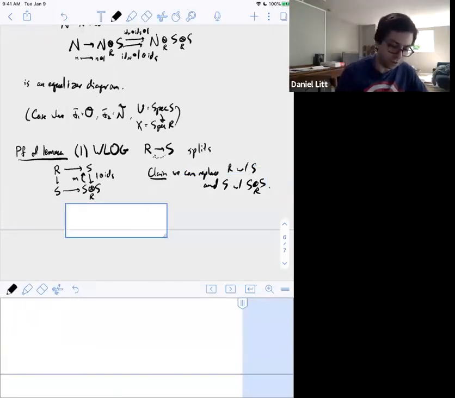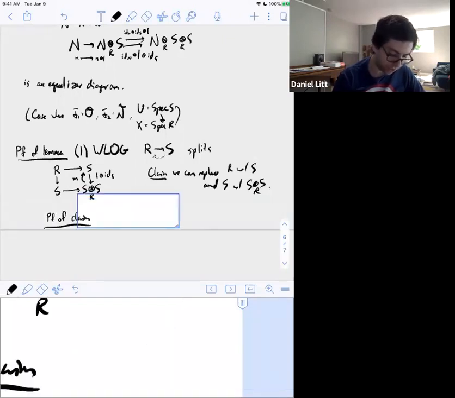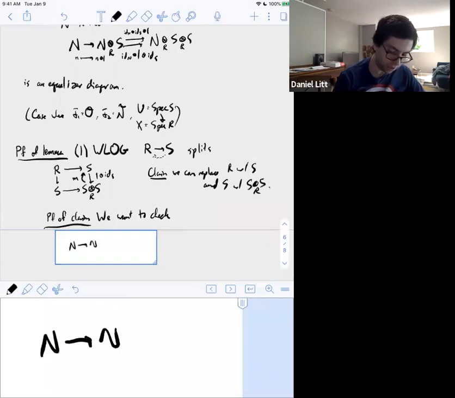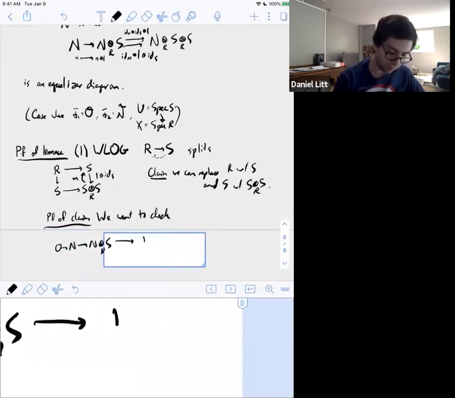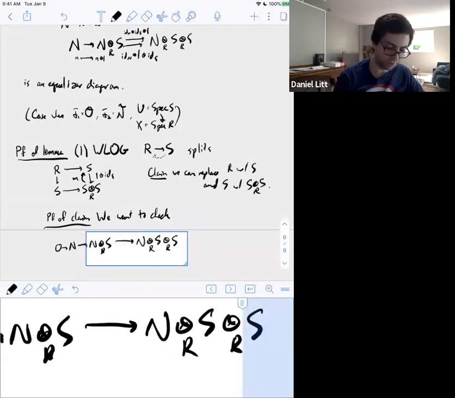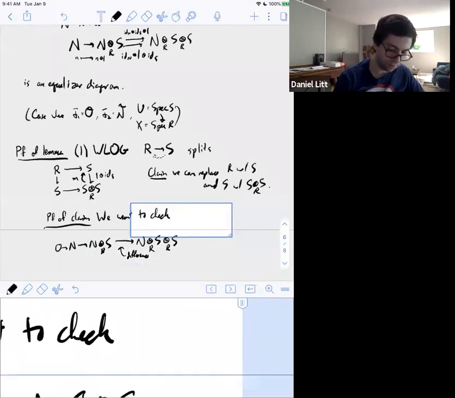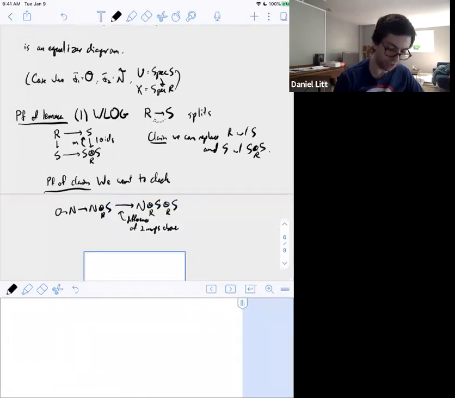Yeah, so the proof of the claim is that we want to check that the sequence n to n tensor S to n tensor S, where this is the difference of the two maps above, is exact.